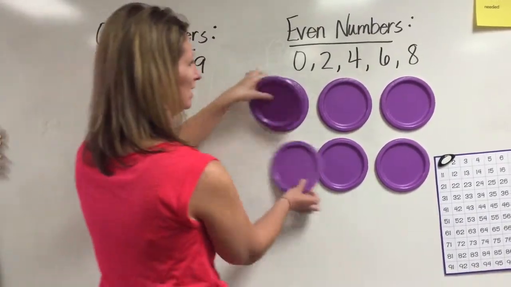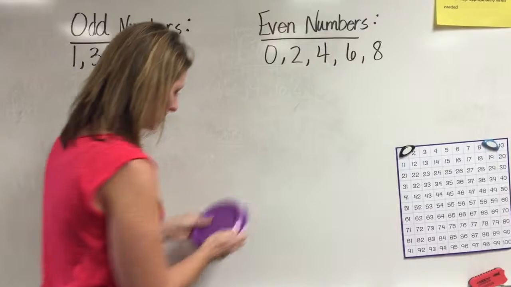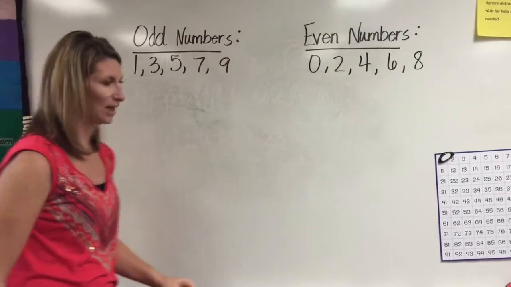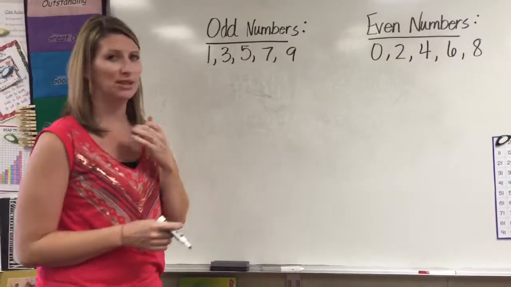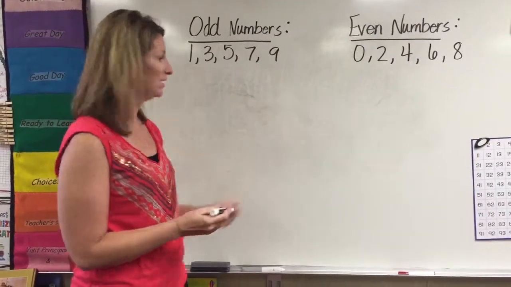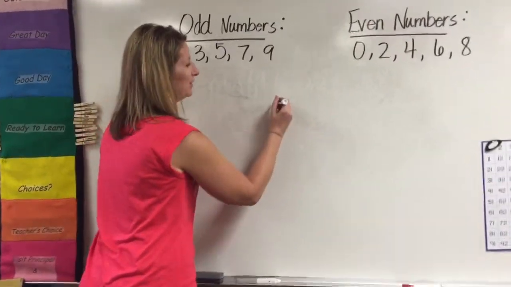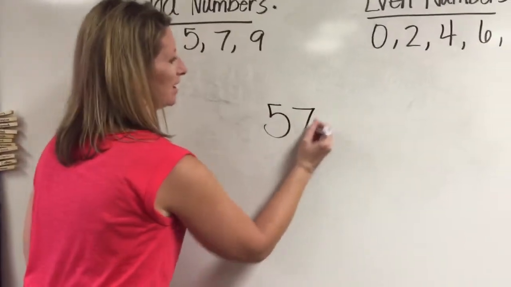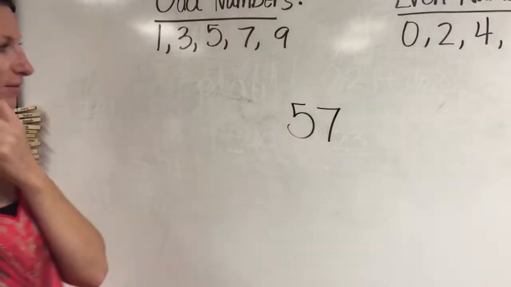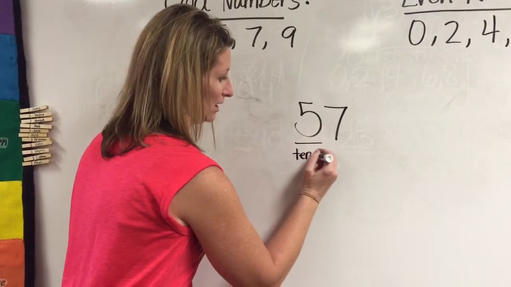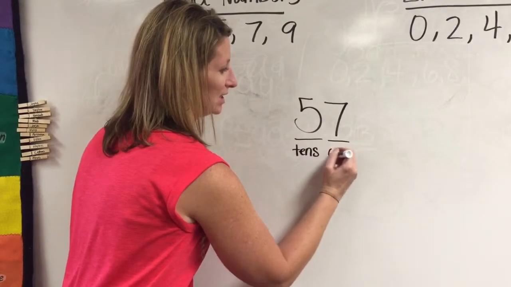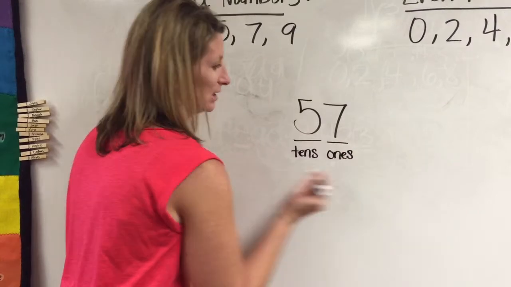All right. So another thing that we talked about that I want you to be thinking about some more is that sometimes we have numbers that are bigger than 10. So we're going to talk about the number 57. Now with the number 57, my 5 is in the tens place, so I'm going to put that down here, and my 7 is in the ones place.